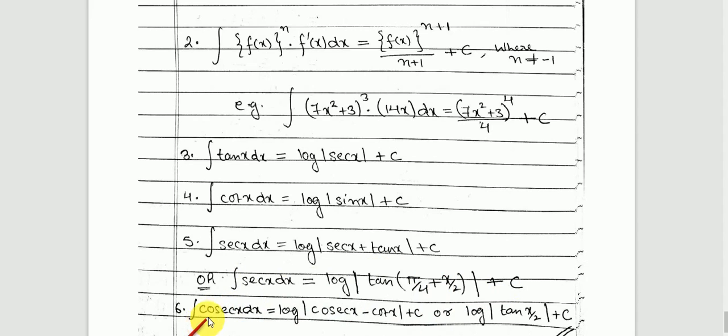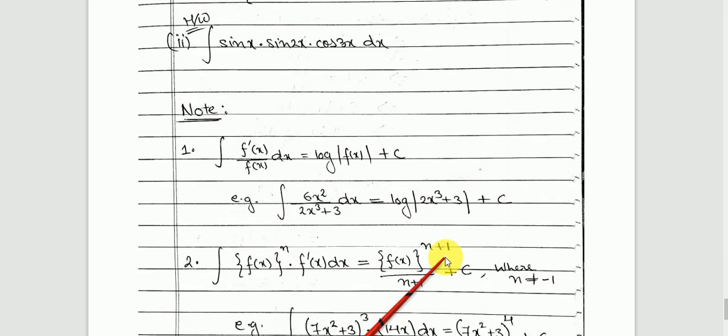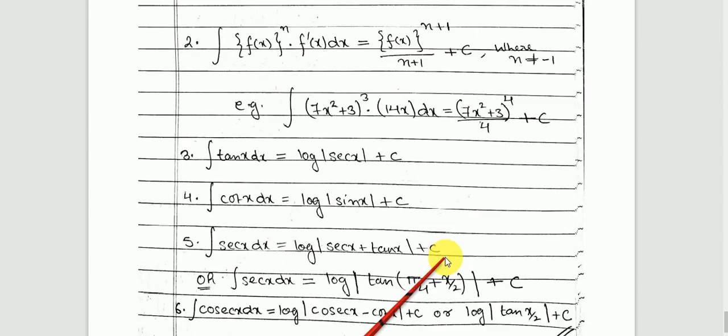Next is integration of cosec x. It is log mod cosec x minus cot x plus c, or log mod tan of x by 2 plus c. So these are also very important.